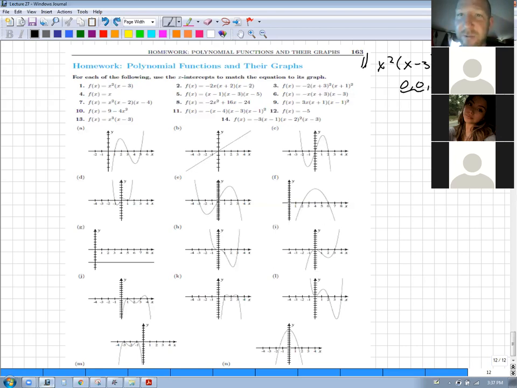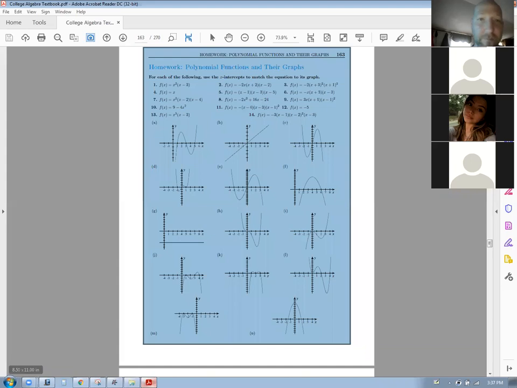Because that thing shows up twice, it's not just crossing, it touches. Because that thing shows up twice, it's touching the x-axis there, not just crossing it. So I think number 1 here would be I. I didn't even get all of them, did I? Yeah, M and N.